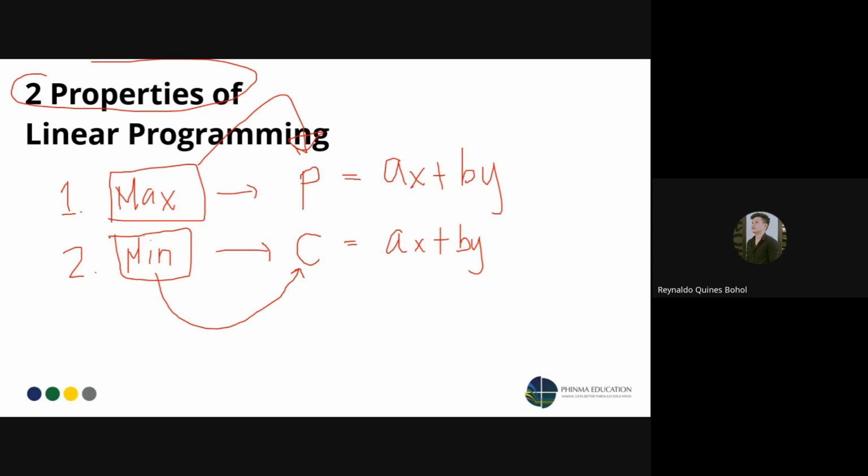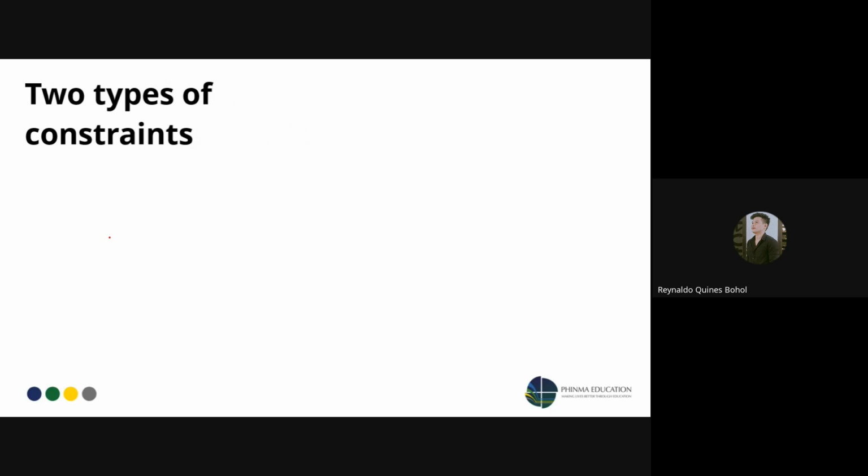Okay? And we have also the two types of constraints. We have two types. Number one is explicit. Pwede natin siyang tawagin explicit. But in the other book, ang tawag sa kanya is structural. Structural constraint. Shortcut ko na yung constraints.